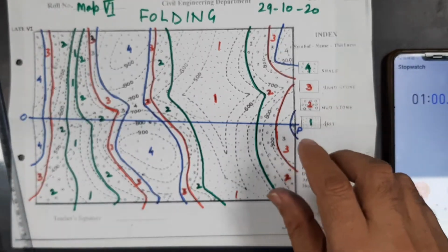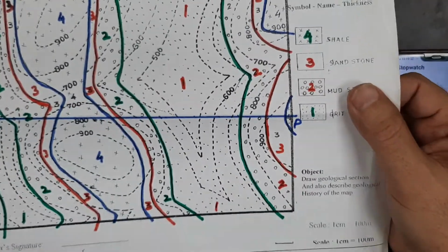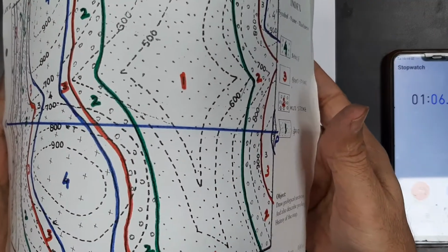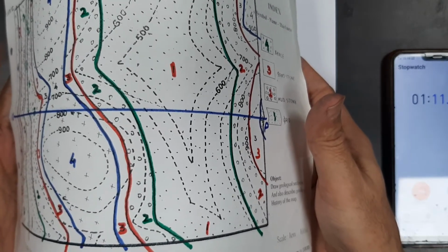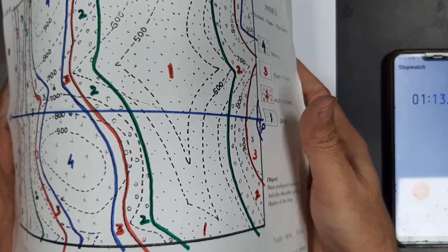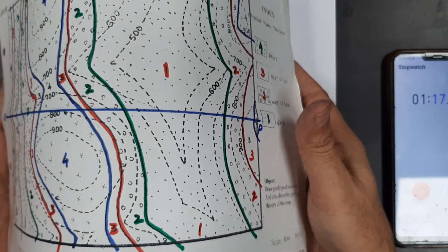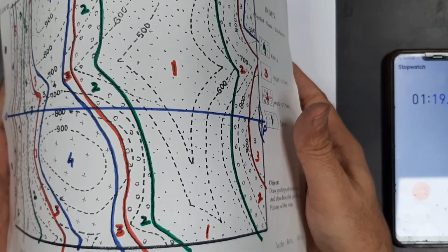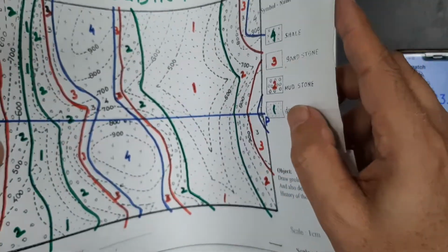Once rocks are folded, that means some part of the rock that is horizontal is folding. If one limb is dipping towards your left hand side, then the next limb should dip towards your right hand side, away from each other in an anticline and towards each other in a syncline.